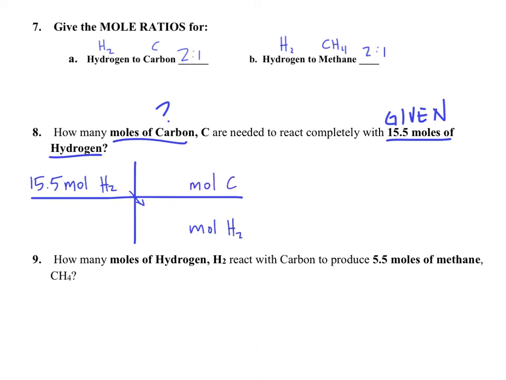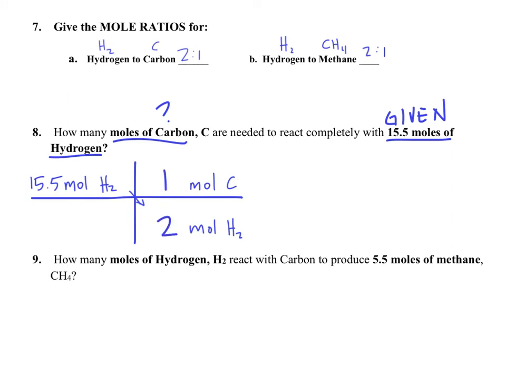So again, the only time I can go from one substance to something completely different is if I go from moles to moles, because this is a ratio. So looking back up at my ratio up above, from hydrogen to carbon, we said our ratio was 2 to 1. So 2 moles of hydrogen for every 1 mole of carbon.